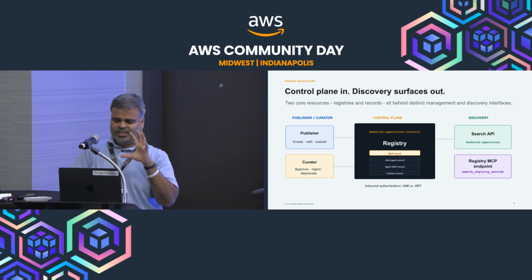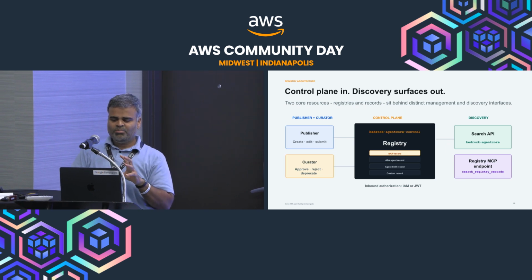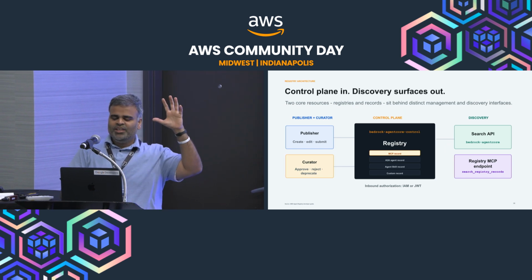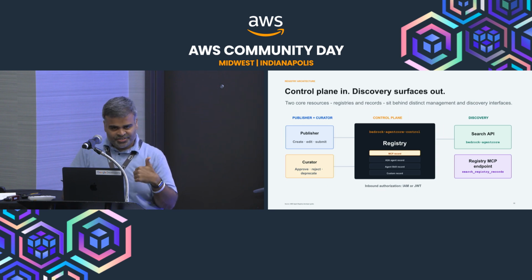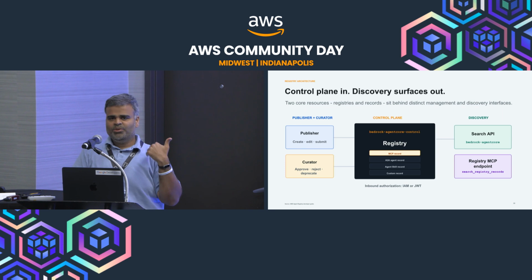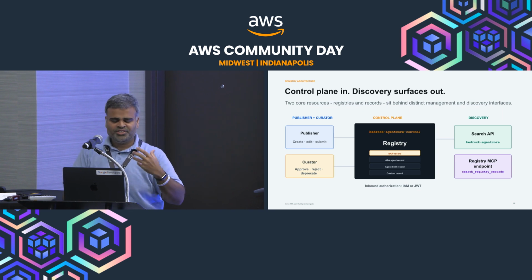Overall, the registry becomes the control plane, and then you have personas of a publisher and curator. A publisher is me, as a dev team, creating an agentic resource. It could be an MCP server, an agent, or a custom resource.